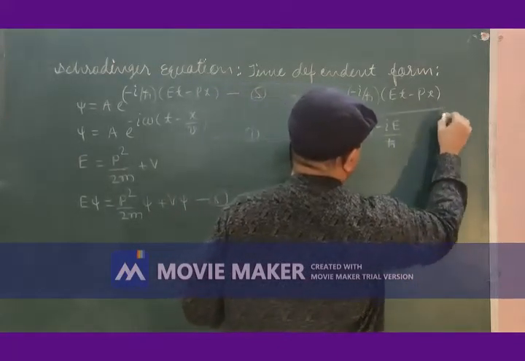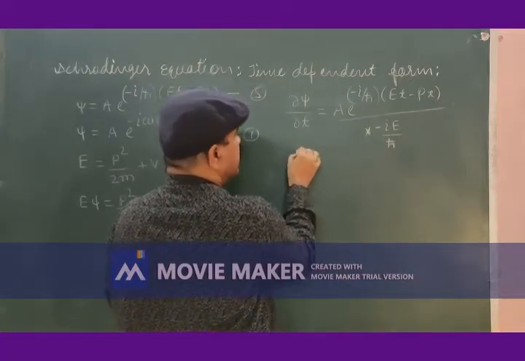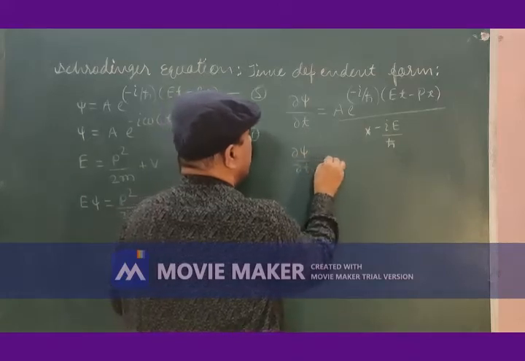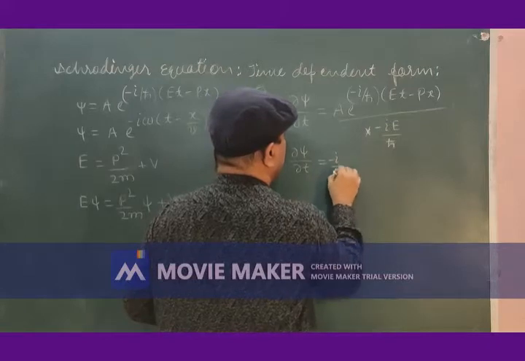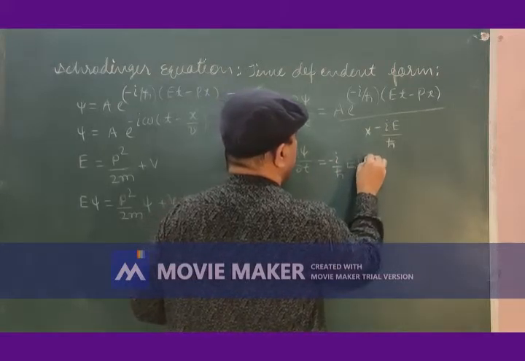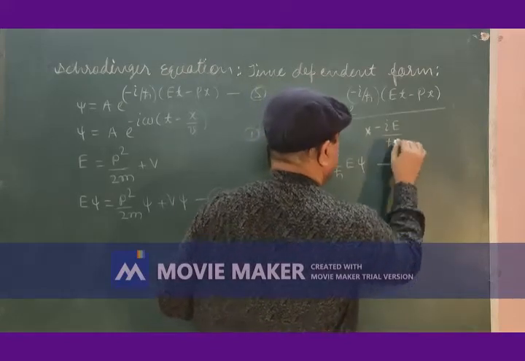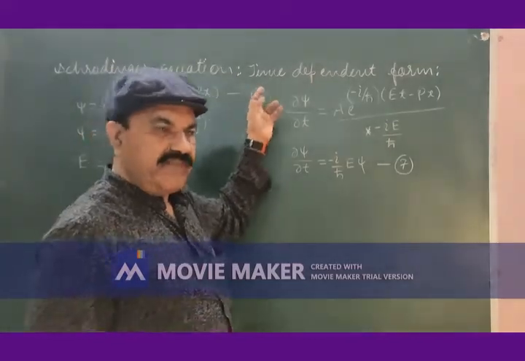What is this? This is psi, and therefore this equation may further be written as equation 5 differentiated with respect to time.